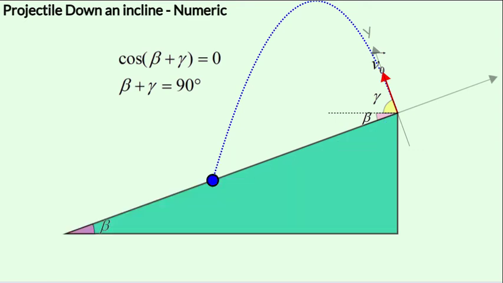So their x displacements, or displacements along the incline, at all times should be identical, and therefore when the projectile lands back on the incline, the ball would have also had the same displacement along the incline and they would meet.